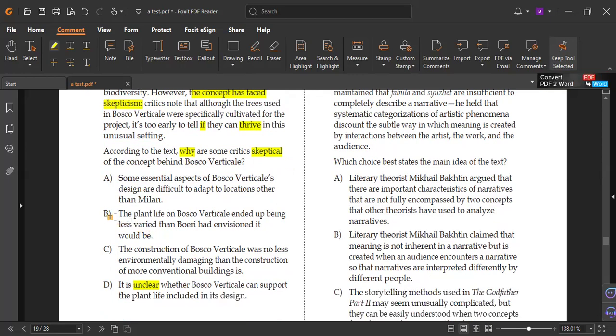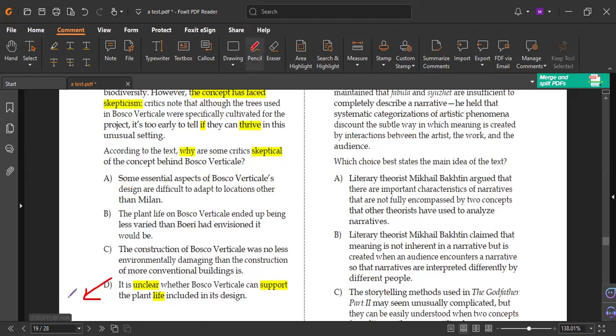Do we have any idea that the plant life ended up being less varied? He was not talking about the variety of the plant life. He's talking about whether it can survive or not, can support the plant life or not. So we need something already mentioned in the text, not from our outside knowledge, not from memory, not from our speculation. That's it. Again, letter A is wrong.